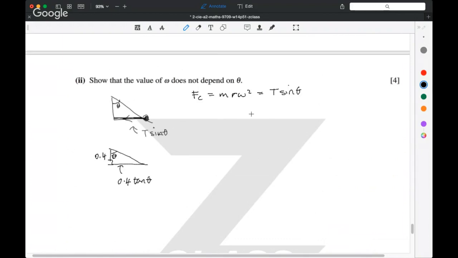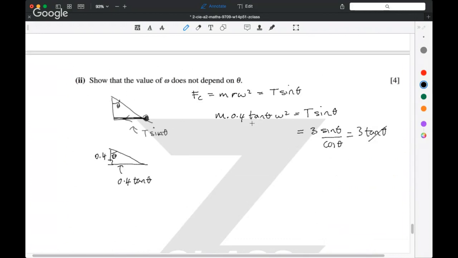If we then plug that in, we get that m times 0.4 tan theta omega squared is equal to T sine theta. Well, what was T? It was 3 over cosine theta. So this is 3 sine theta over cosine theta, and sine theta over cosine theta is just tan theta.